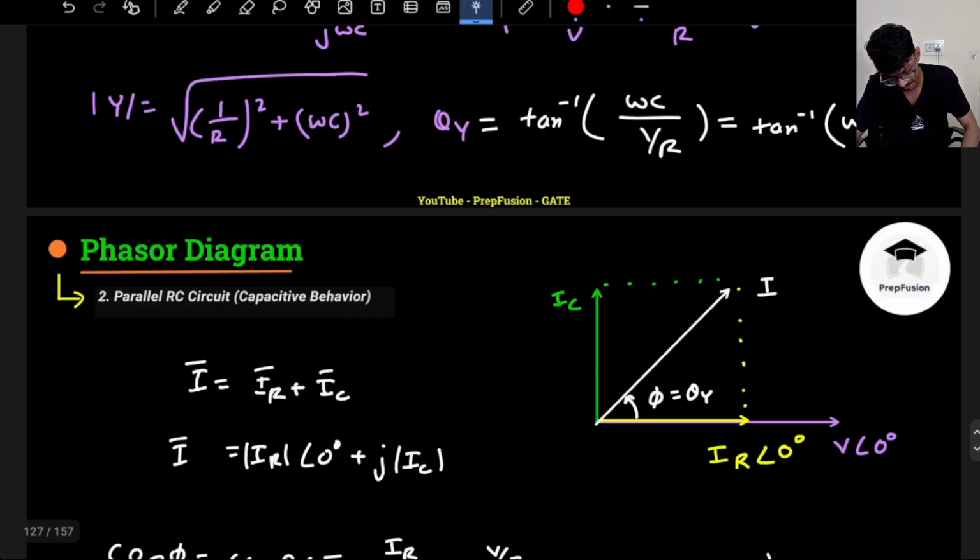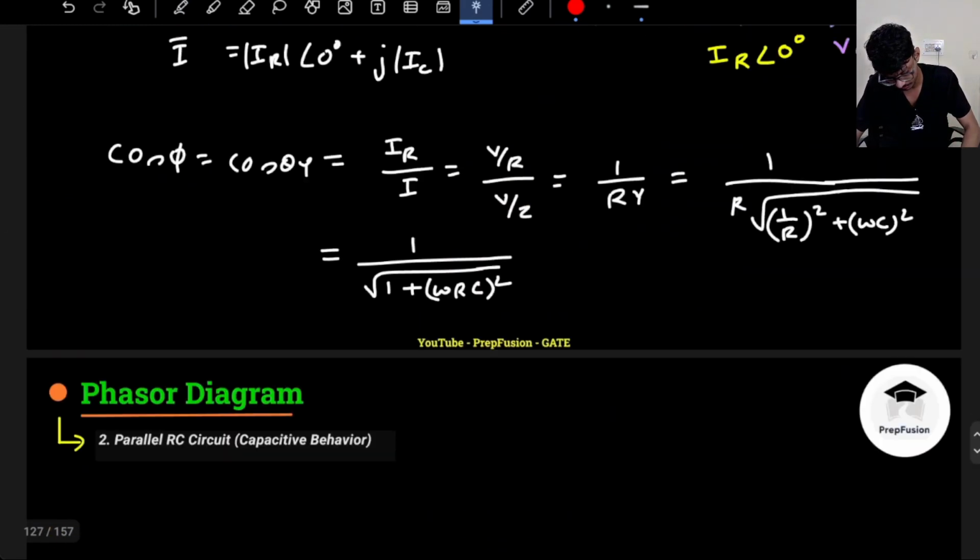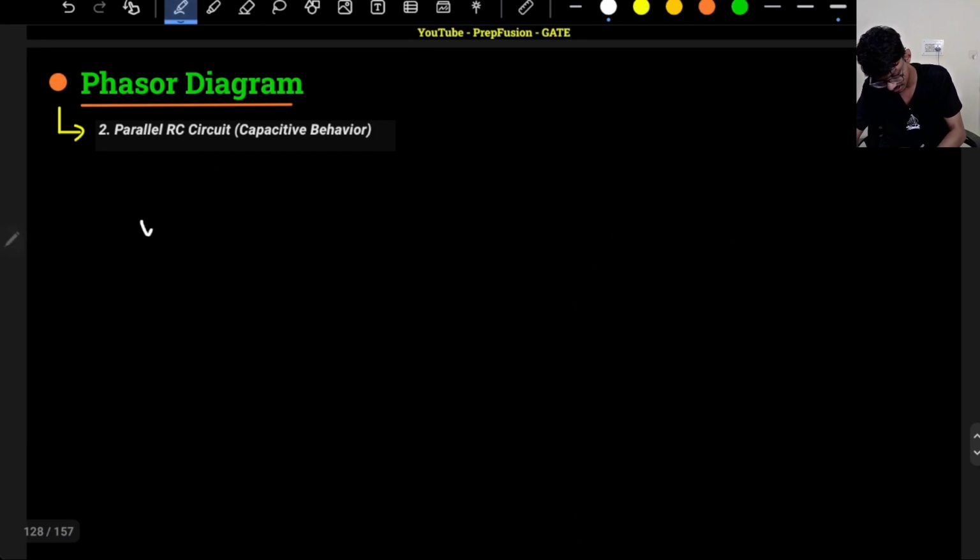I have not drawn the admittance diagram, so I will draw the admittance angle. What is my admittance in this case?